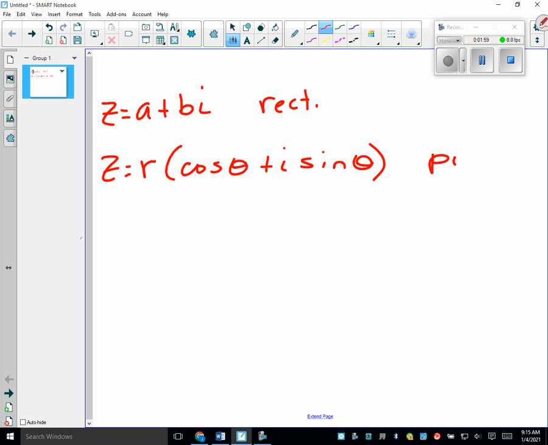This one is polar. Rectangular has an a and a b. Polar has an r and a theta. R is my radius, remember? And what is theta? Angle.